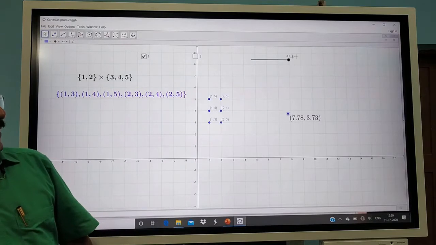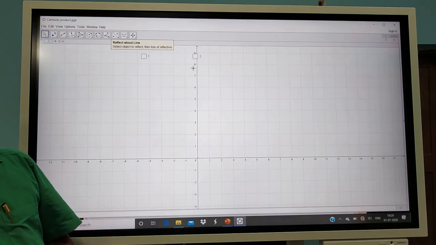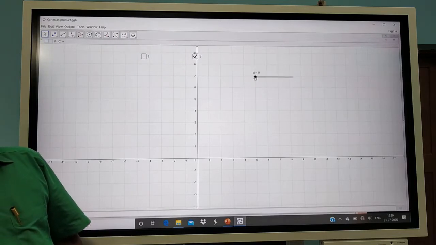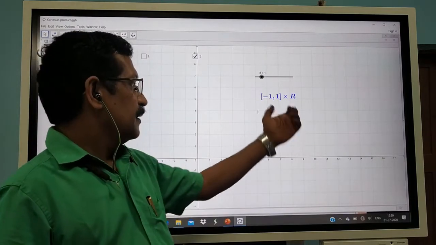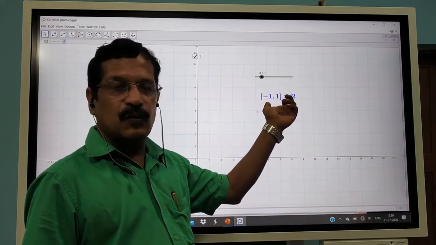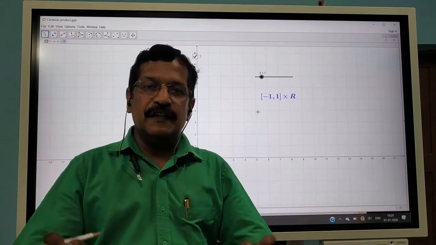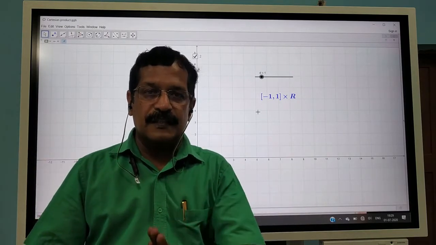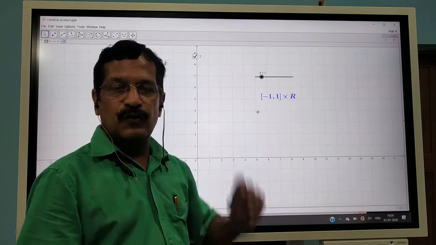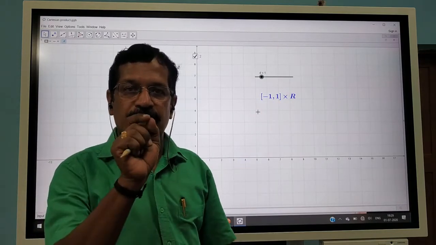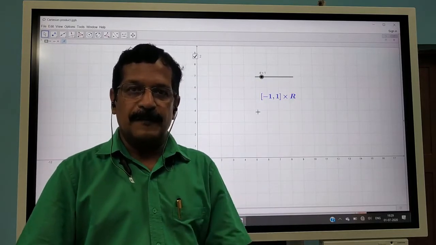So very clear. Let us think about the Cartesian product of a closed interval and the set of all real numbers: the closed interval [-1, 1] cross R. Here the collection is the set of all ordered pairs in which the first component is an element of [-1, 1] and the second component is an element of the real number set R. What will that be?